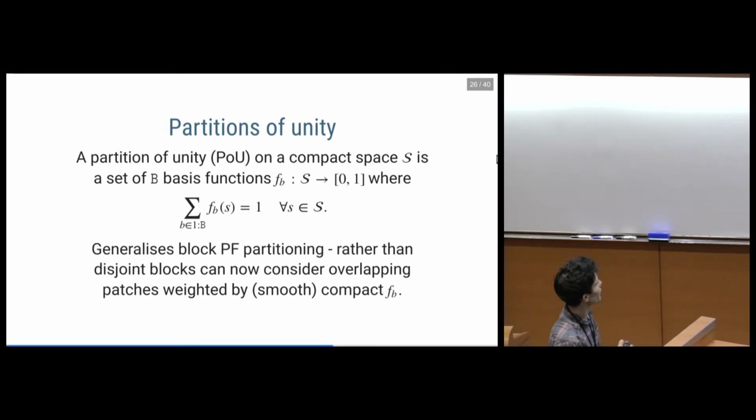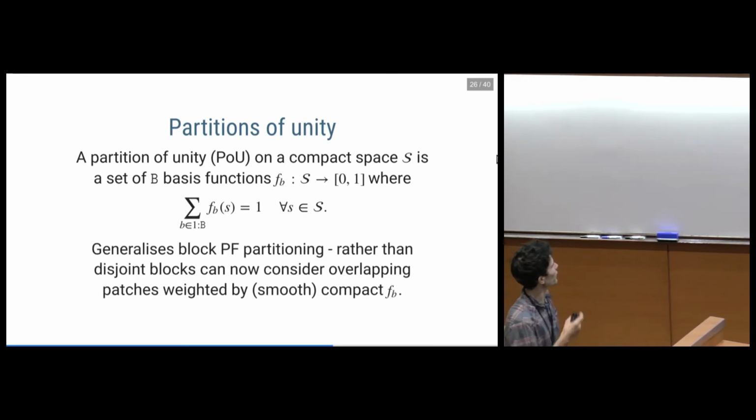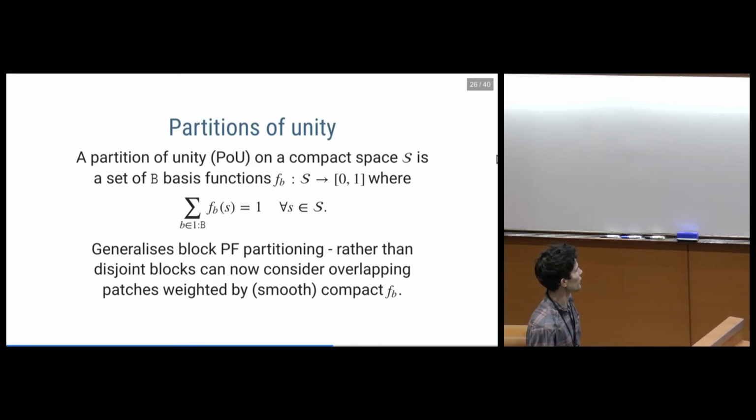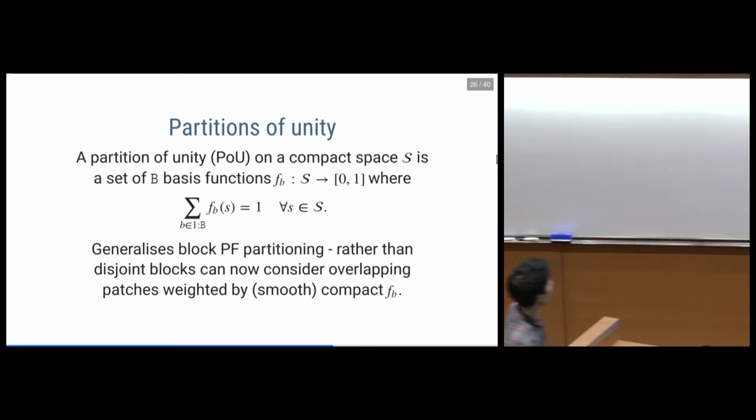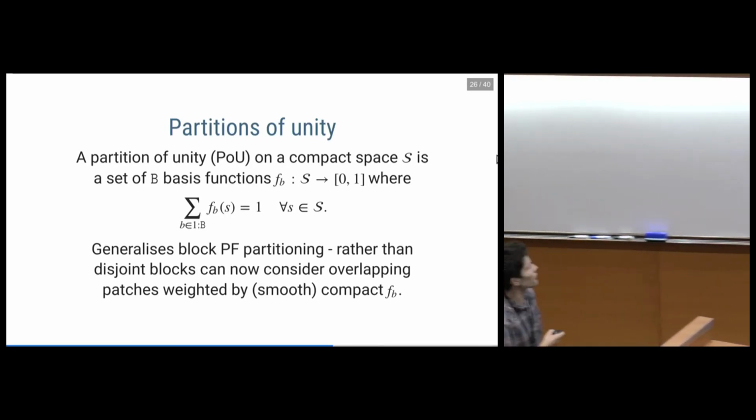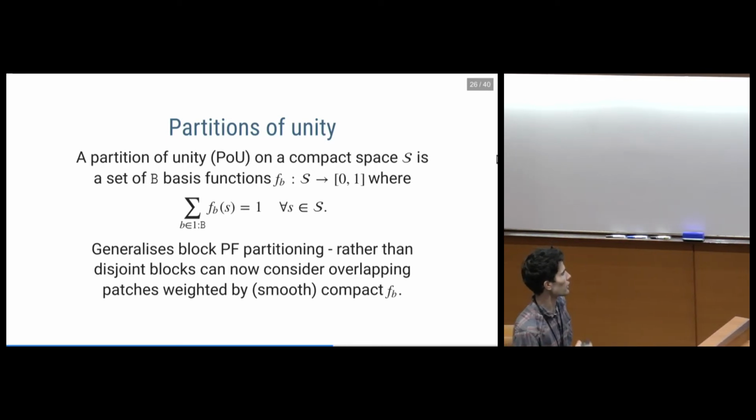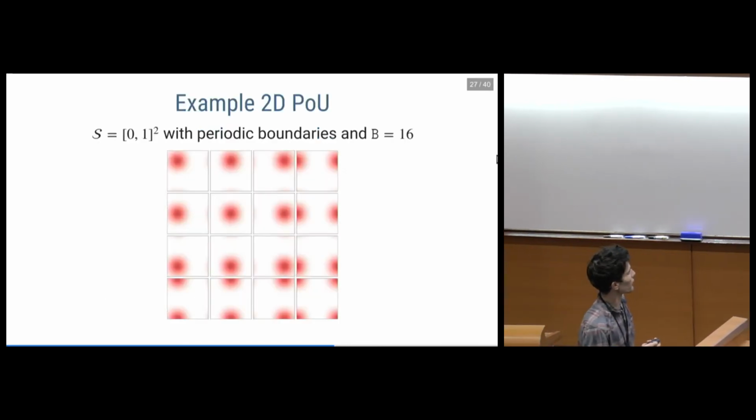And so rather than having these disjoint blocks defining our partitioning, we have this smooth partitioning of our space via this set of basis functions. We'll describe an algorithm which uses these within a particle filtering setting in the following slides.